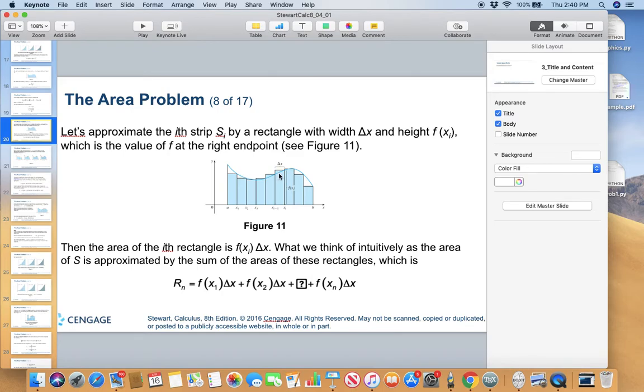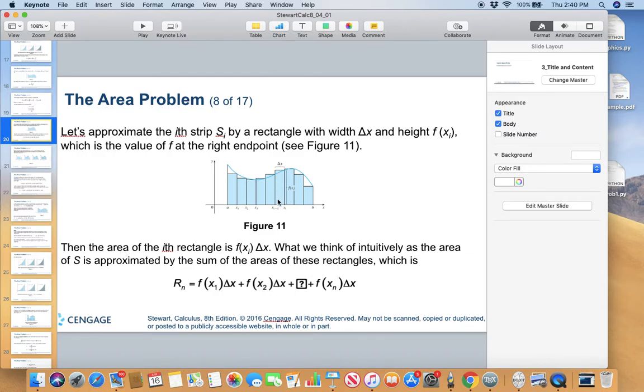Where the curve is lower, my rectangle is slightly bigger. Here the curve is higher, so my rectangle is slightly smaller. In the long run, a little more here and a little less there will eventually even out. That's the idea.